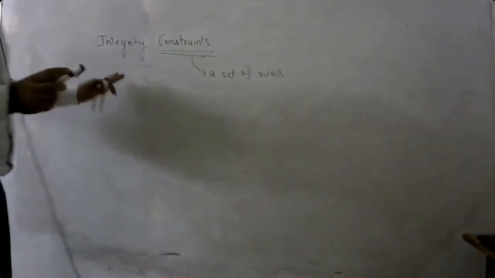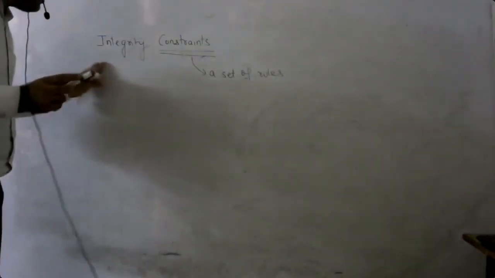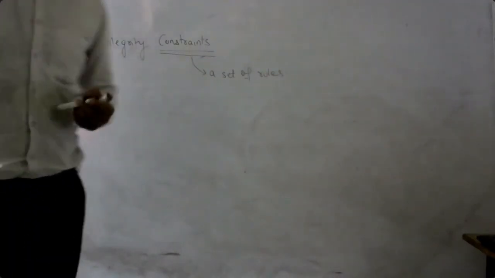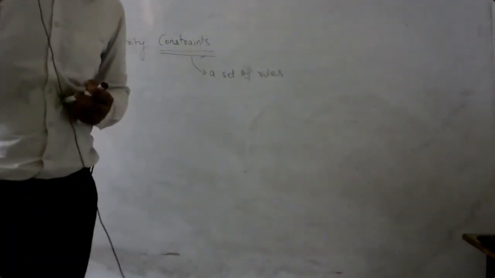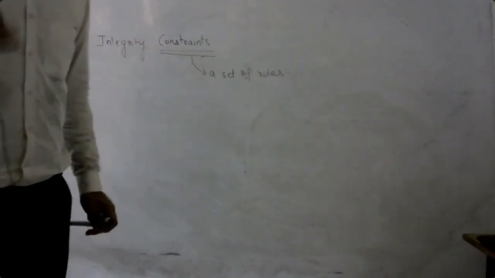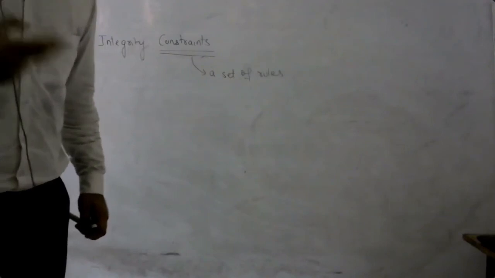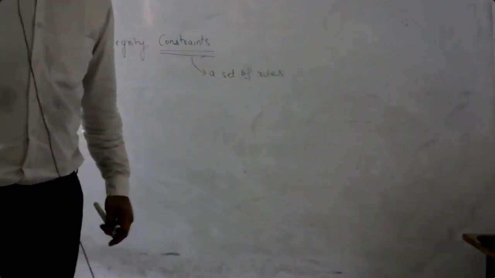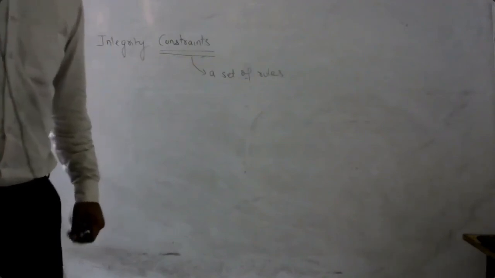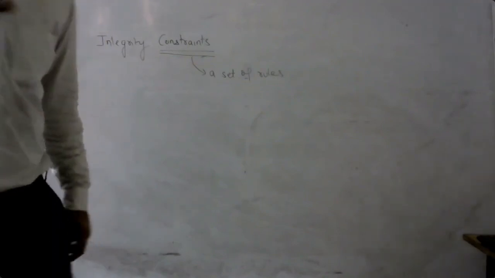Each and every relation has some set of rules, because until we have them, there might be more than one value for an attribute, two tuples with the same values, or two relations with the same name.